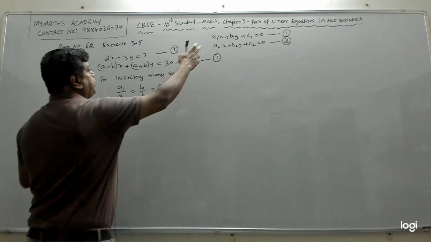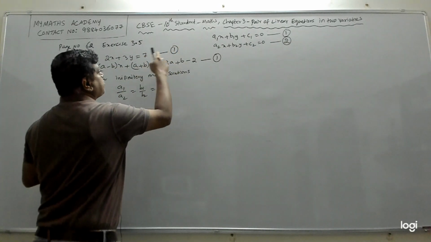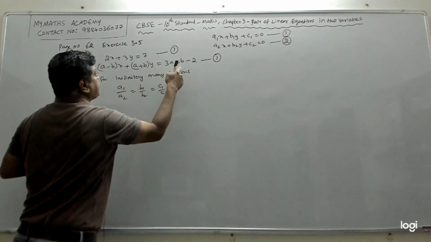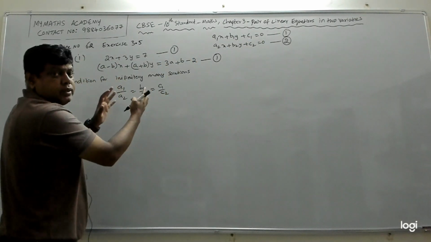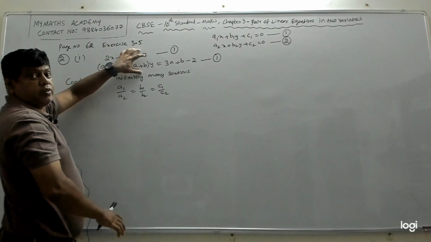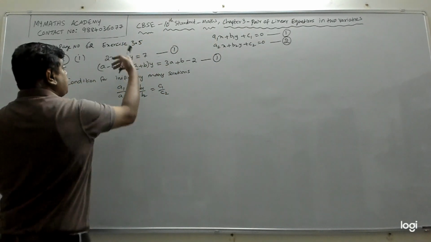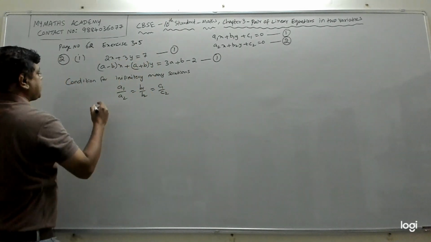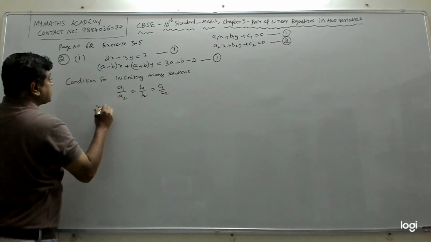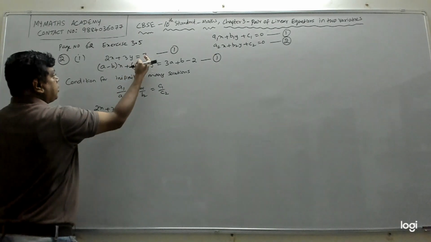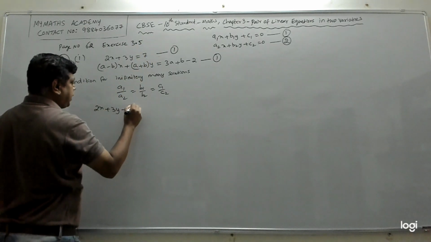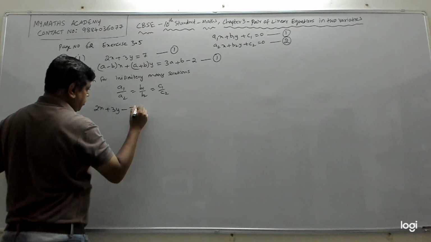To be in this form, the right side should be 0. But on the right side we have 7 and 3a plus b minus 2, so the given equations are not in this form. We need to bring everything to the left side. I am rewriting: 2x plus 3y, 7 comes to this side and becomes minus 7, equal to 0.